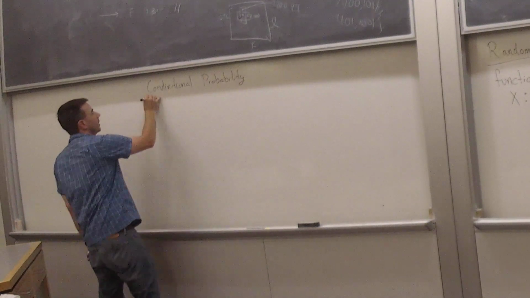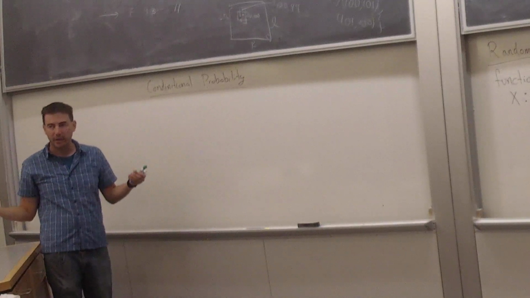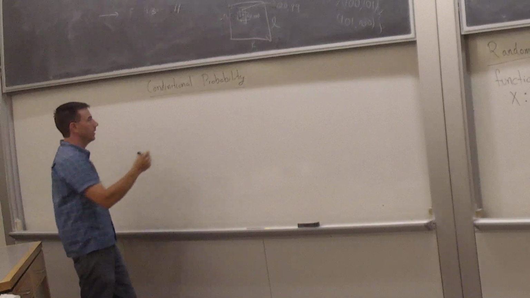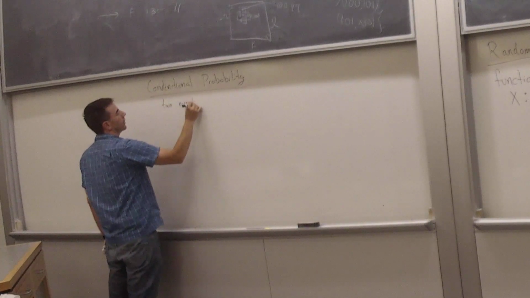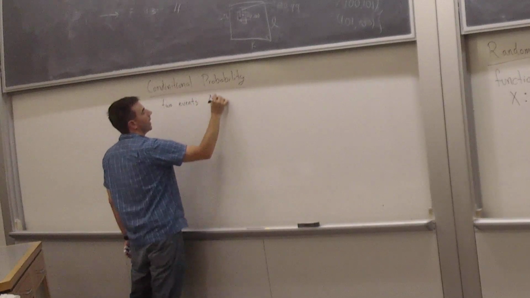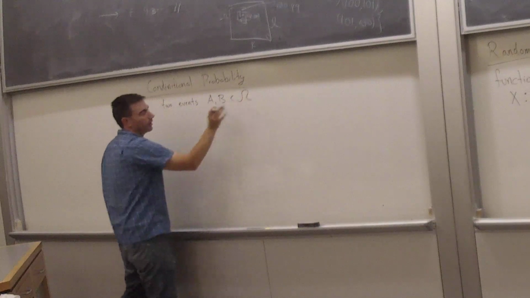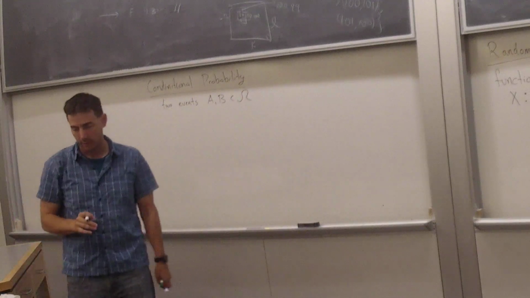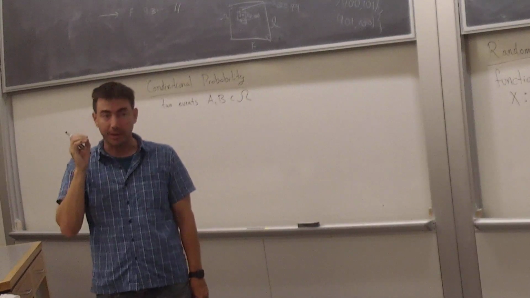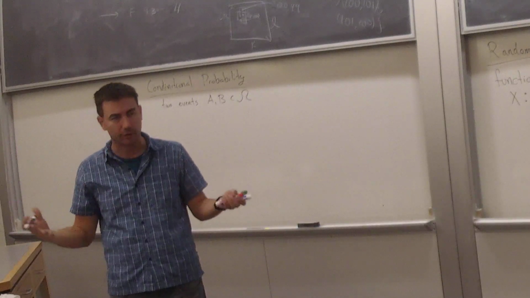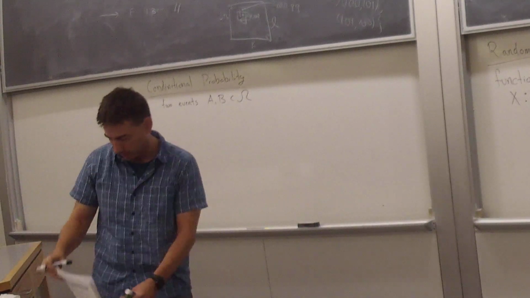Conditional probability deals with when you have two events that might interact in some way, right? So I have two events, A and B, and these are both subsets of the sample space. Is there any overlap between A and B? There might be. That's what conditional probability is used to describe.